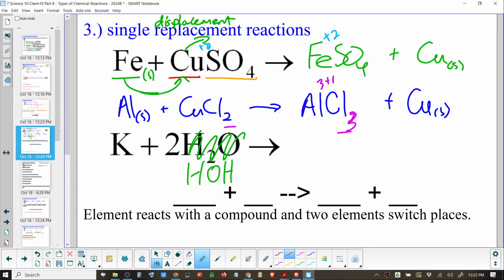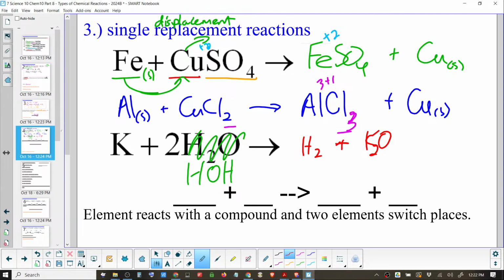Say that again, what does it make? H2 plus K2O. If you wrote that, that's a reasonable assumption. You would say, oh, it's taken away both the H's.